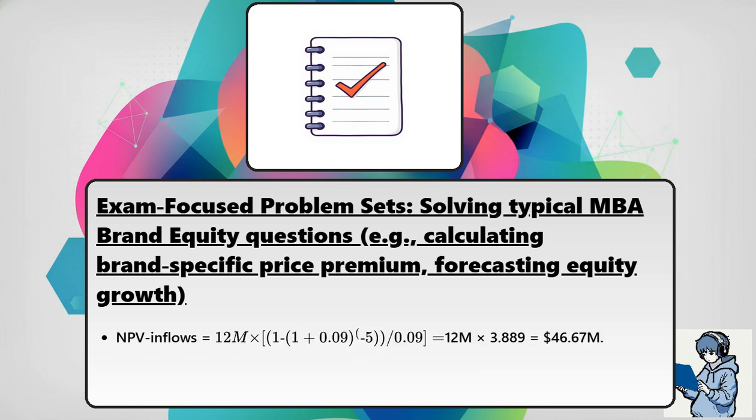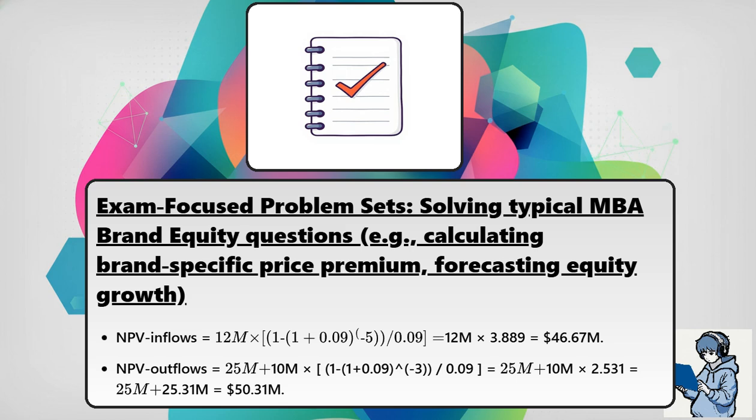Net present value of inflows equals $12 million times [1 minus (1 plus 0.09) raised to the -5] divided by 0.09, equals $12 million times 3.889, equals $46.67 million.